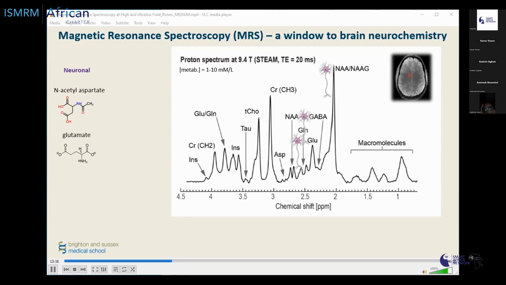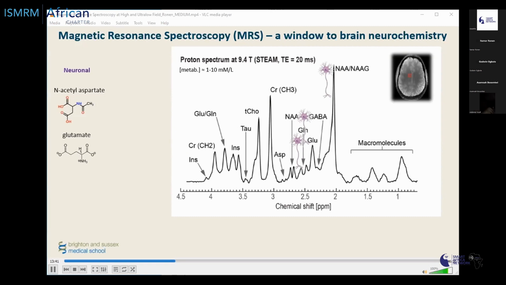Well, some of those molecules are found in neurons. You know that neurons are important cells that are kind of the central processing unit cells in the brain. And two very important such molecules are N-acetylaspartate, which is the molecule that gives rise to the strongest peak in the spectrum taken in the central nervous system or in the brain.